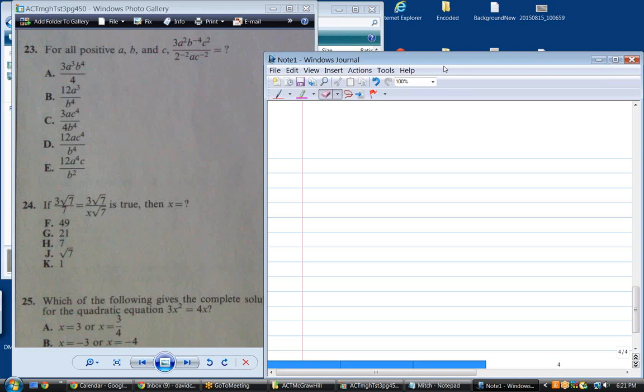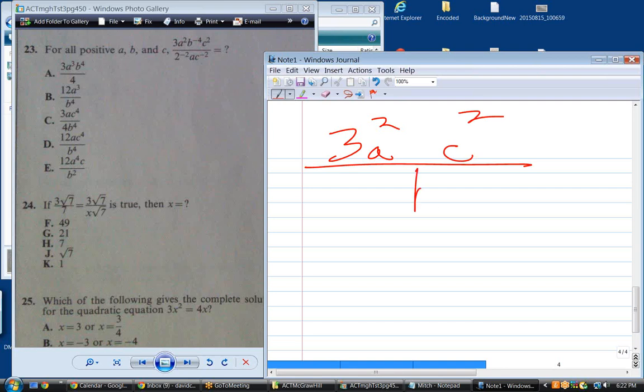What's the first step going to be here? It would be to flip all the negatives to the other side. Yes, exactly. So what does that give me? Those are positive, so I'll leave those there. And then that's positive, so I'll leave that there.